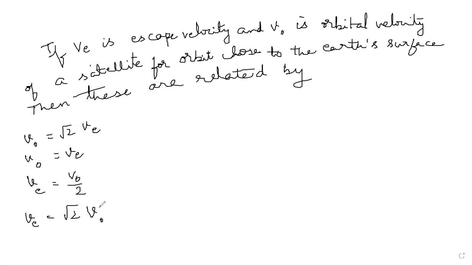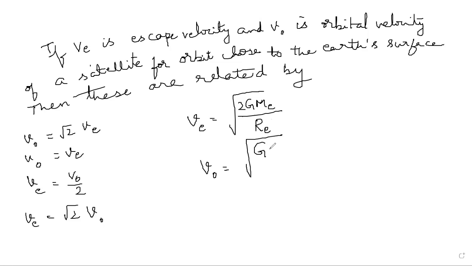Okay, so to solve this, first we should know about the escape velocity. So VE is equal to square root of 2GME divided by RE, where M and R are the mass and radius of the earth. Next we have the orbital velocity: V naught is equal to root of GME divided by RE.